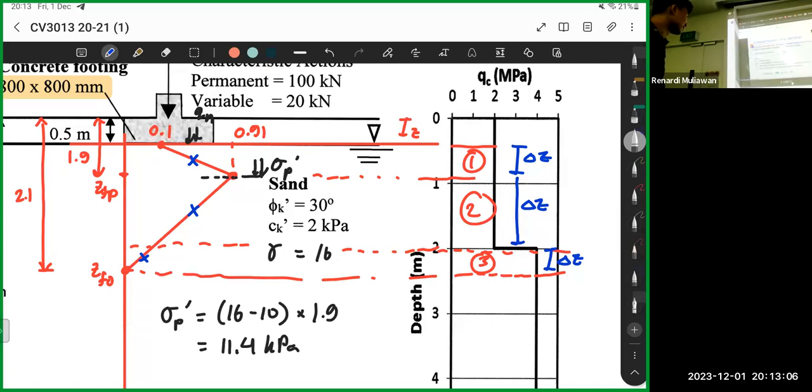This one, right? That 3 to 4. I think 3 is okay because we are just finding similar QC values.